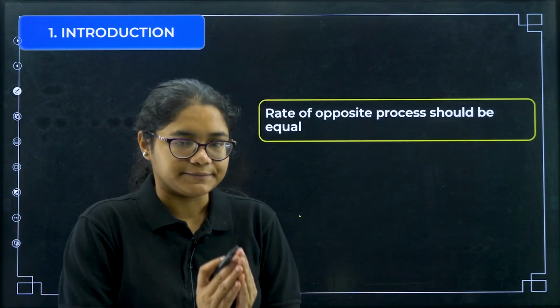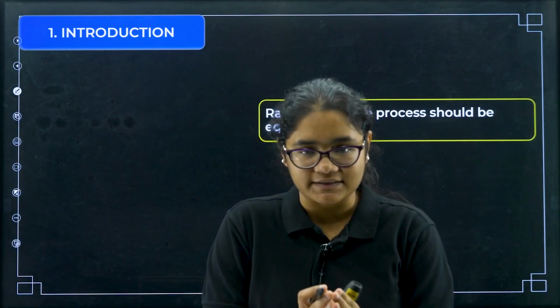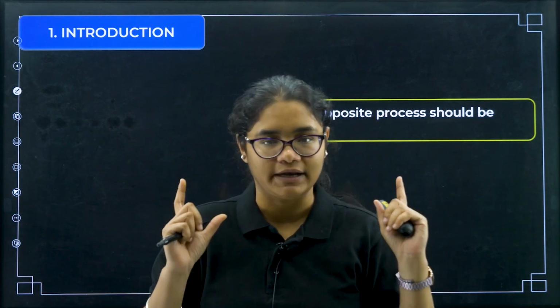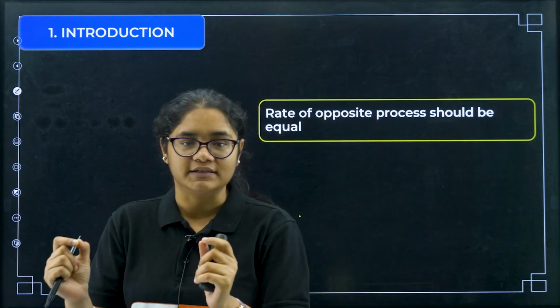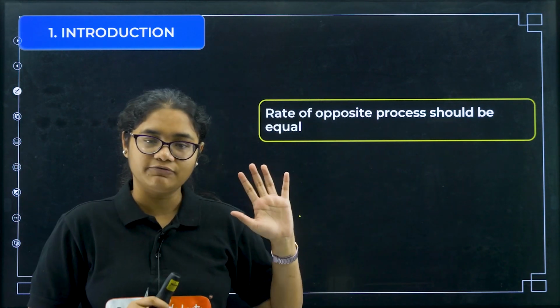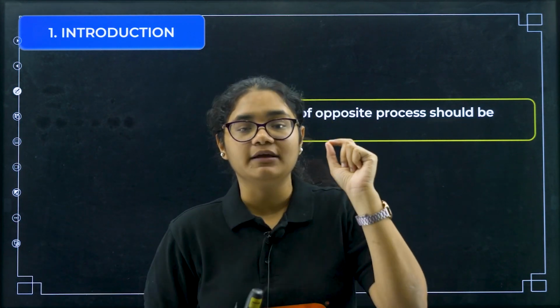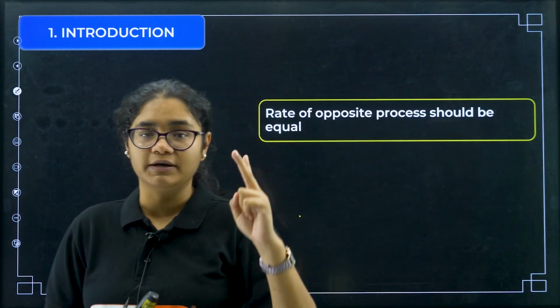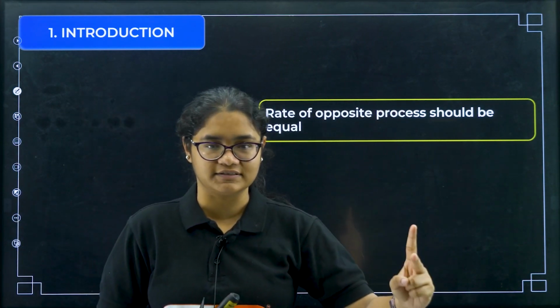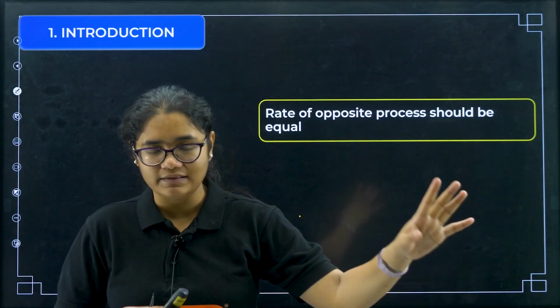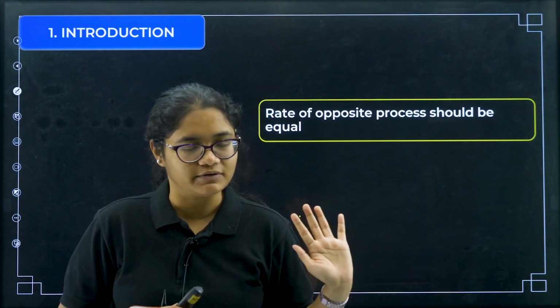Equilibrium exists when two different processes occur at the same rate. Two opposite processes occur at the same rate. When can you find equilibrium? Equilibrium can be observed when two opposite processes occur at the same rate. You might not have understood anything, so I'll give you a very simple example and we'll understand.